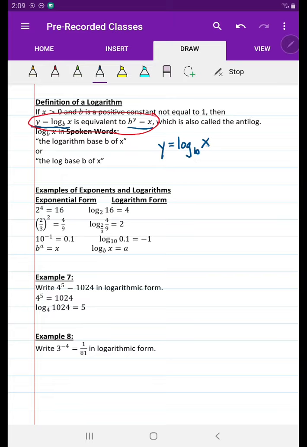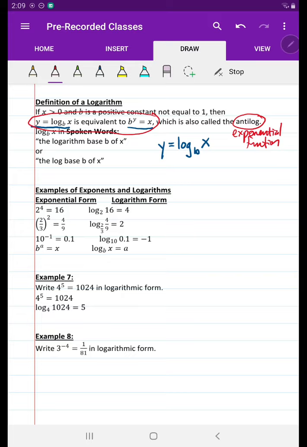And then you have your argument, which is x, written in a normal size and a normal height after your base. And then the whole thing equals y, or your answer. Now, everything you have right here, you can convert to an exponential function, and the exponential function of every logarithm is called the antilog.